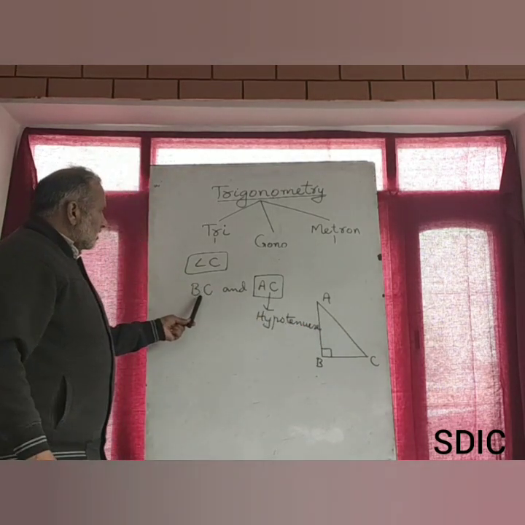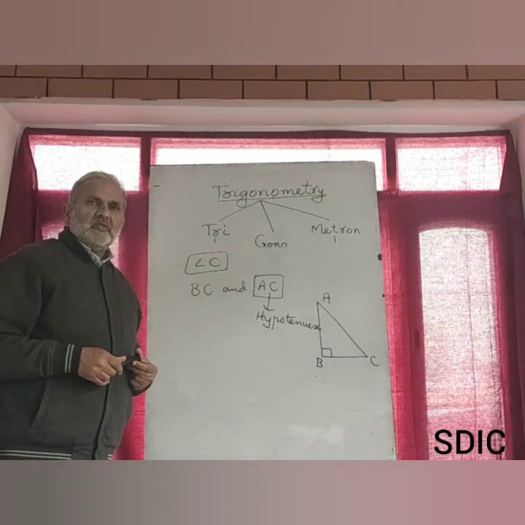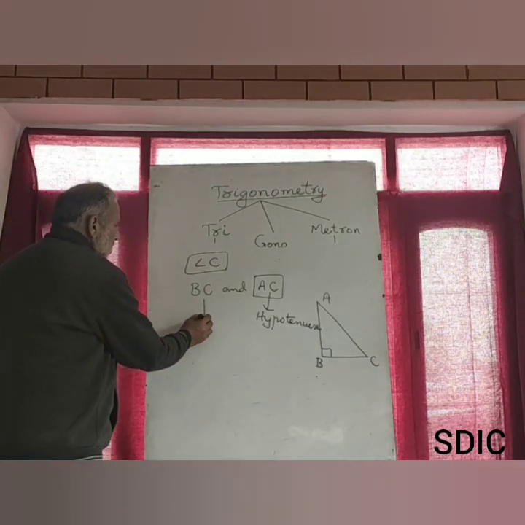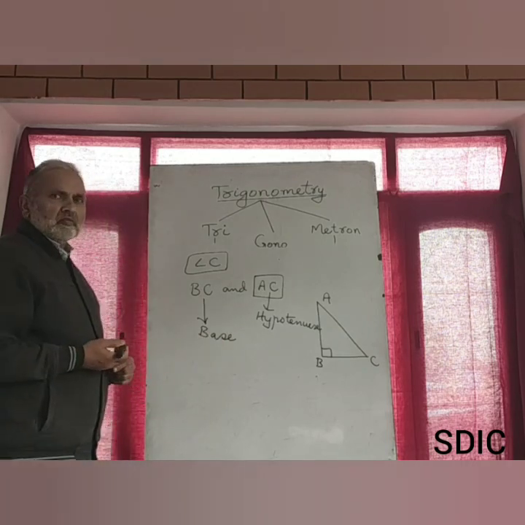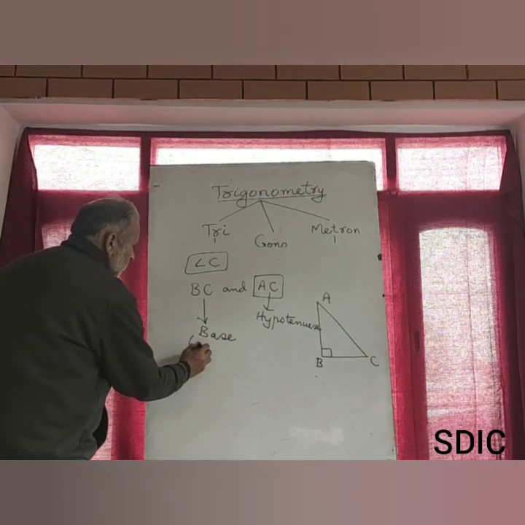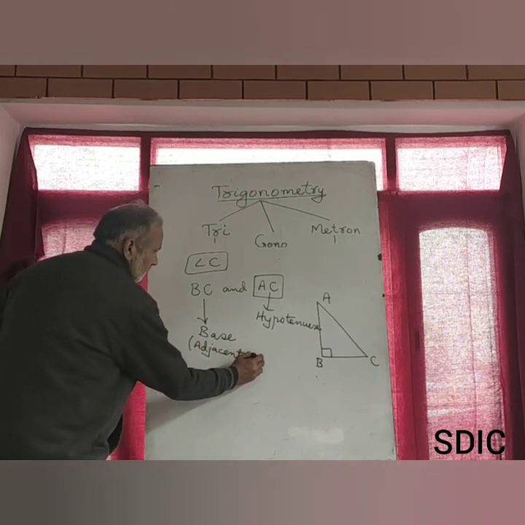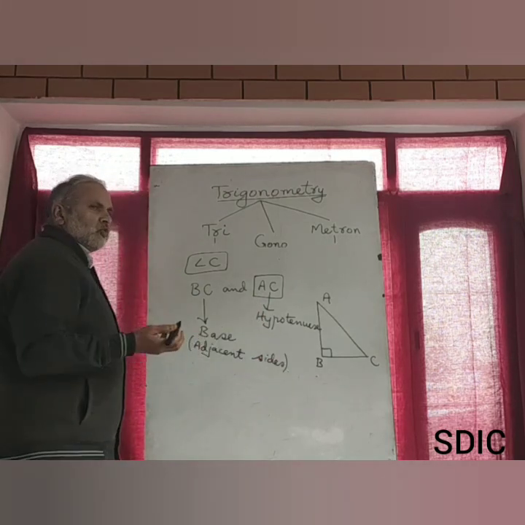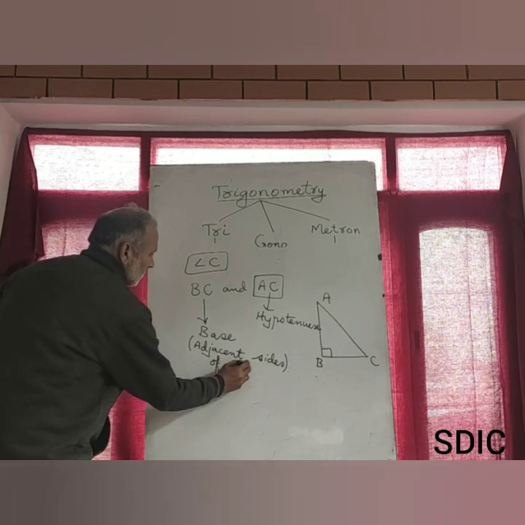The second side involved in the form of arms of this angle is then called as base. This is called also as the adjacent side. Adjacent side of what? Adjacent side of acute angle.